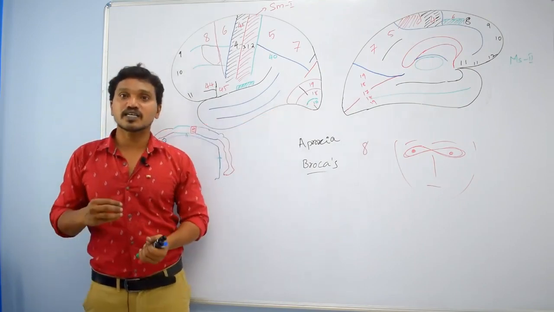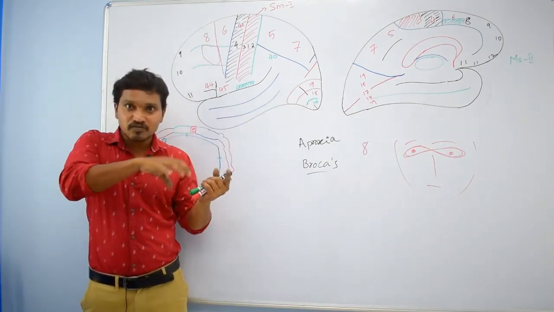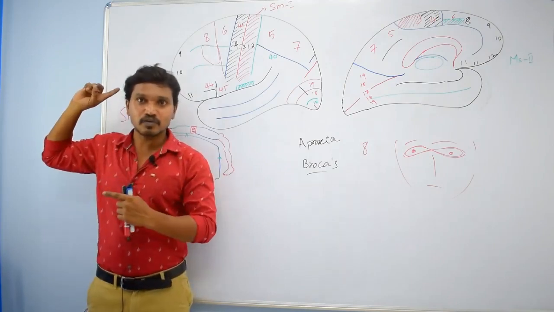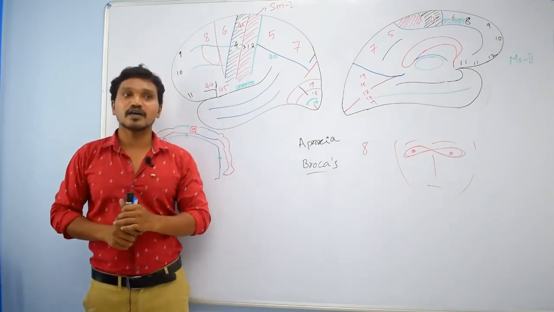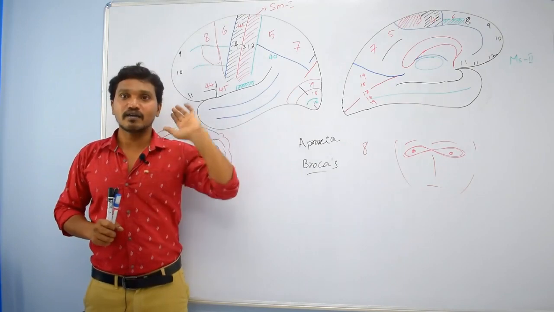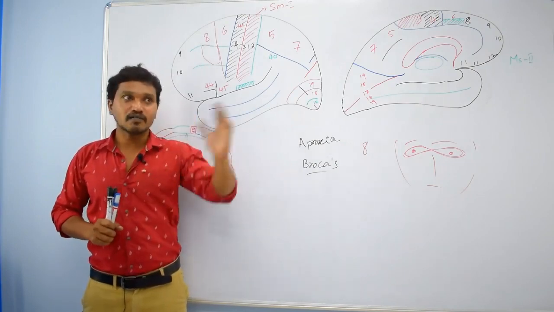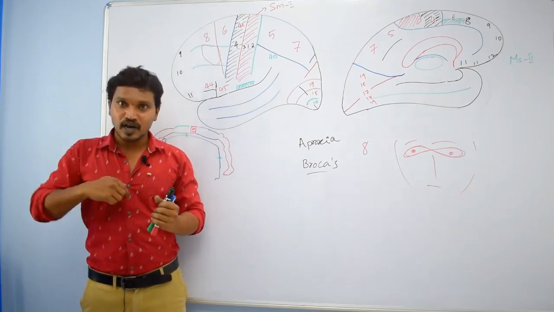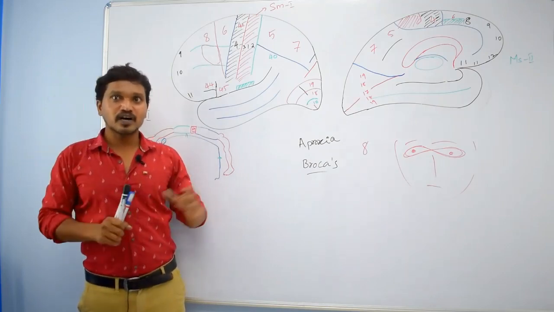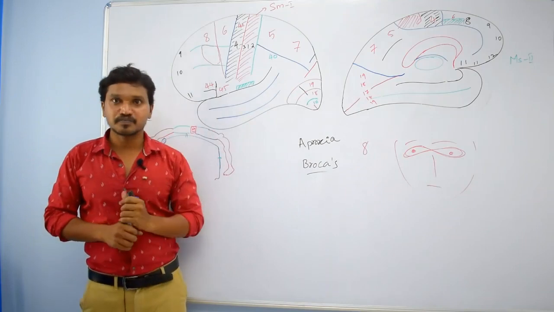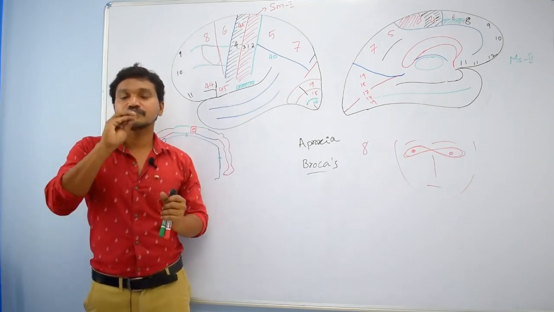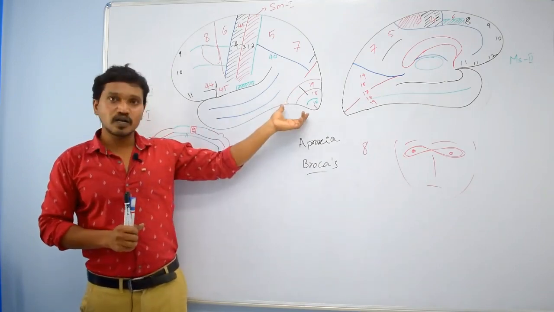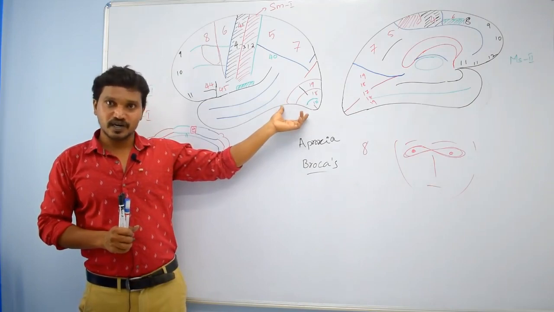In the associated area, this information will be compared with past memory. Then I will identify a particular person and tell his name and call him by name, if I have past memory regarding him. So that is the visual association area.